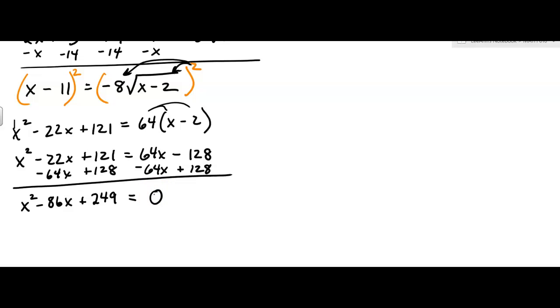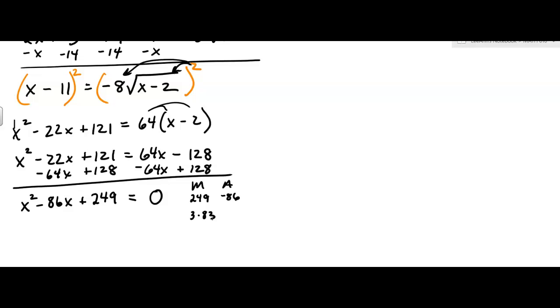equals 0. All right, now we're trying to find two numbers that multiply to be 249 and add to be negative 86. And I don't know what those numbers are right off the bat. I know that 3 goes into 249. In fact, how many times does it go in? 3 times 83. Oh, that looks good right there, doesn't it?